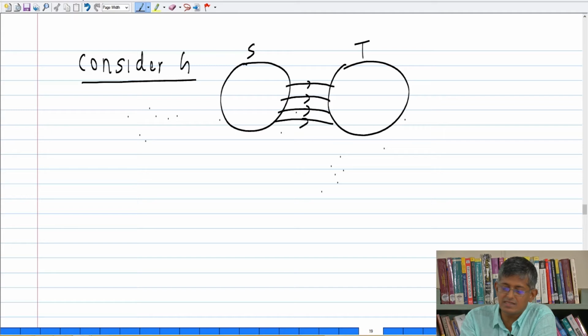Each one had a certain capacity, so maybe this is capacity of (u, v) and so on.